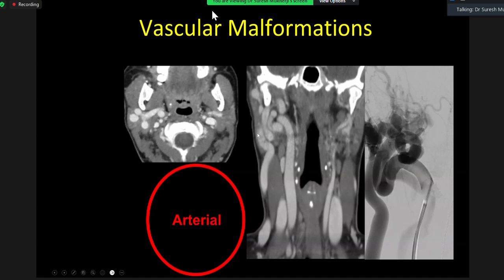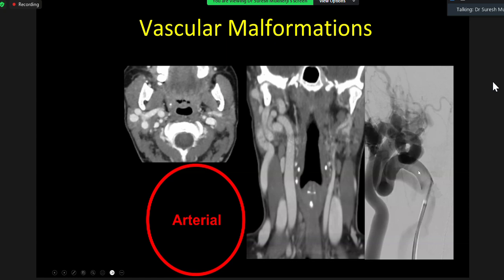So this was actually a patient that presented with right-sided pulsatile tinnitus. I just saw this case about 4 years ago. We did a CT scan, and lo and behold, we see all these enlarged dilated vessels involving the right side of the neck.